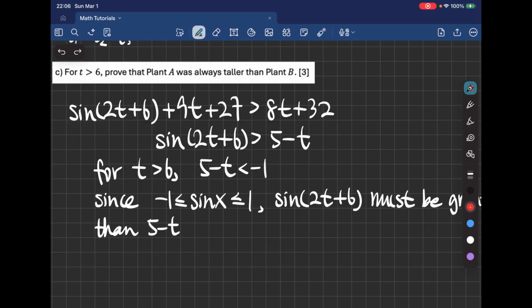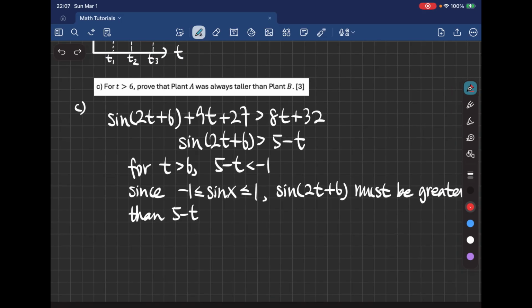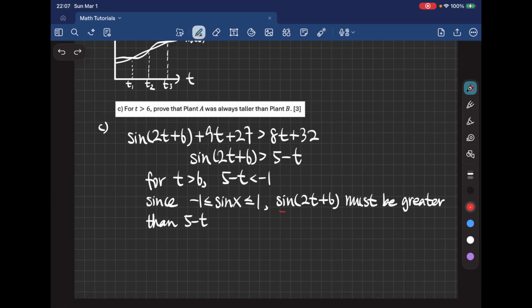And we know that sine x, this type of function, will always be in the range of -1 to 1 inclusive. So it will always, no matter what, be greater than or equal to -1, which is of course greater than anything smaller than -1. So this is always true. Then sine 2t plus 6 must be greater than 5 minus t. That means plant A is always taller than plant B after 6 weeks.